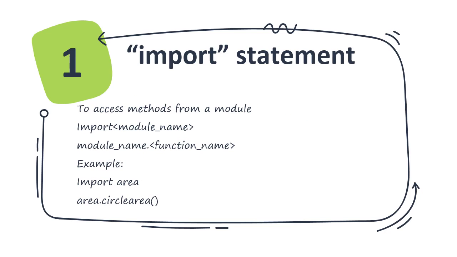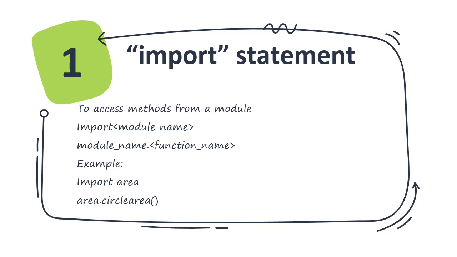How to access the methods from a module? Once we have imported the module, we have to use the dot notation. A dot separates the module name and the function inside the module. The use of that dot between the module name and function name is called the dot notation method.